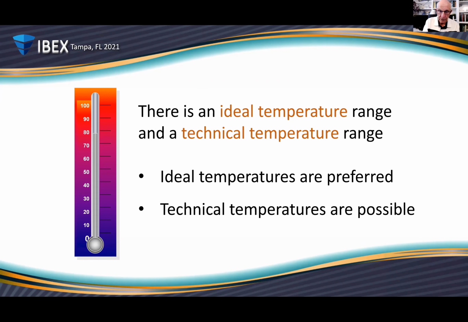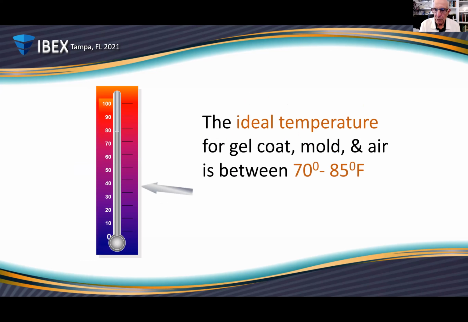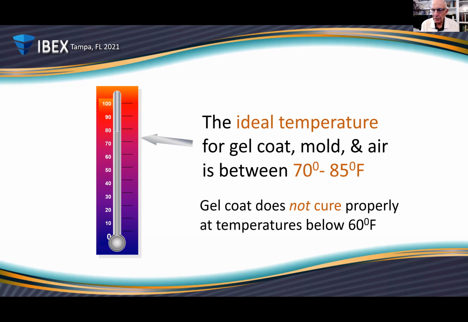The technical temperatures are possible if you apply yourself, if you make an effort to produce the best quality gel coat possible. The ideal temperature is what you're really shooting for. The technical is the range that's practical. Excuse me for mixing those two up.